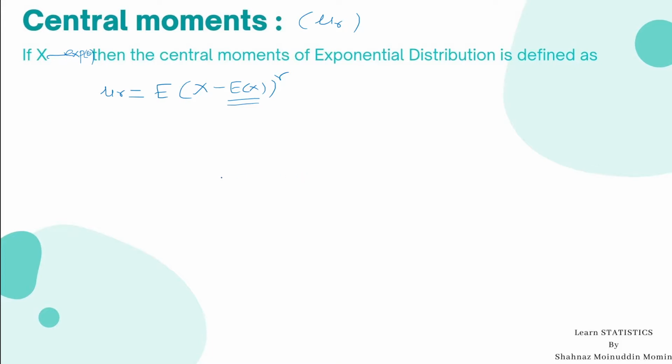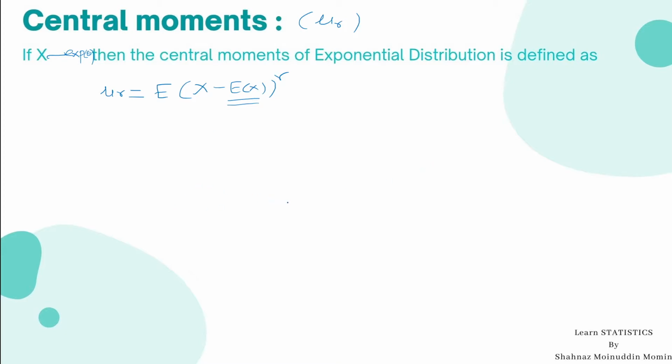To obtain the central moments, there are two methods. The method number one is to obtain central moments by integrating x minus expectation x raised to r, means by using the definition of central moment.